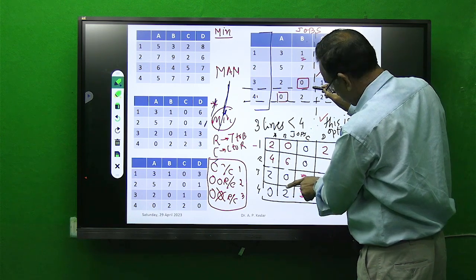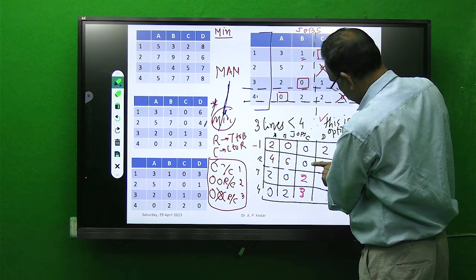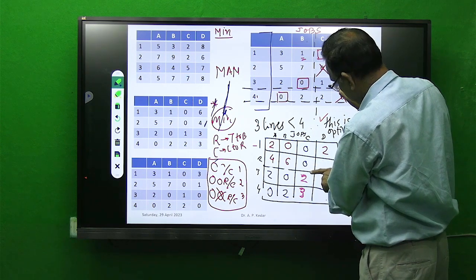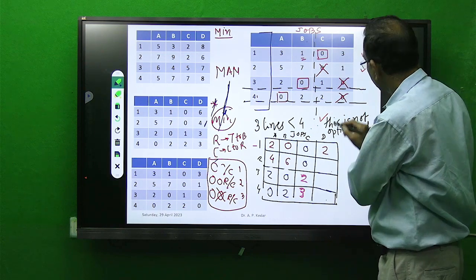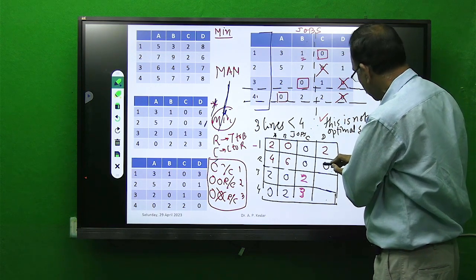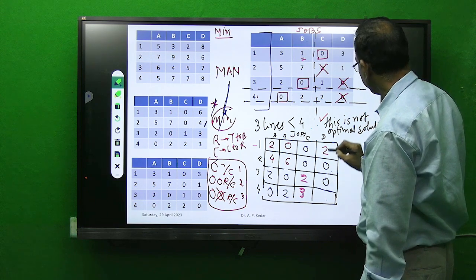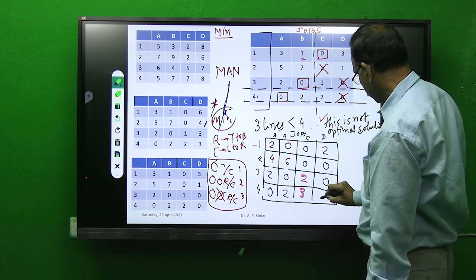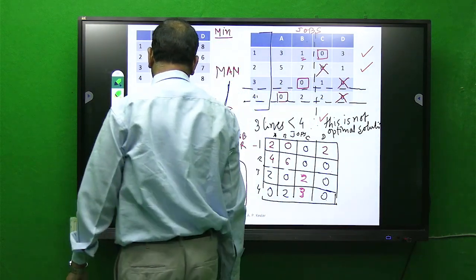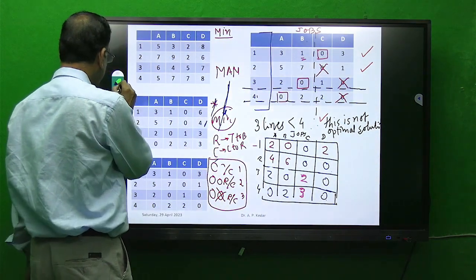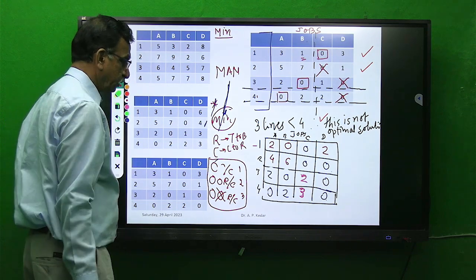This is 0. This is 2, done. 0, then 0, 1 1 2 2 3. Then this is 2. This will be 0. Then here 0 will be as it is, and this 0 will be as it is. 3 zeros. And now we will go for assignment as per our routine practice.